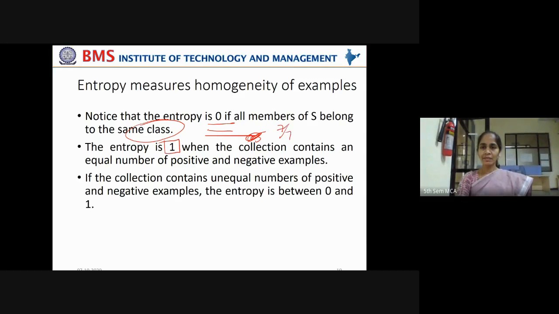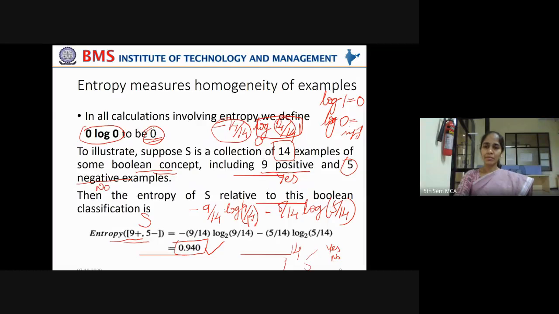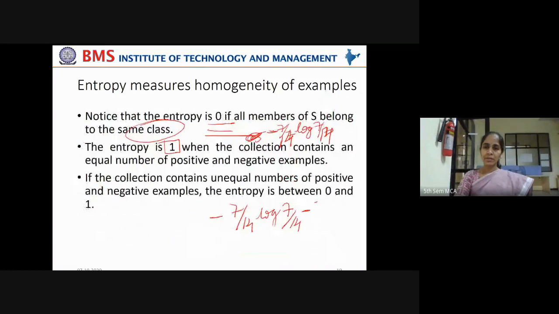Say 7 by 7, log 7 by 7, 7 by 14. I'm very sorry, this is how we give the examples. Minus 7 by 14 log 7 by 14, and again we have minus 7 by 14 log 7 by 14.